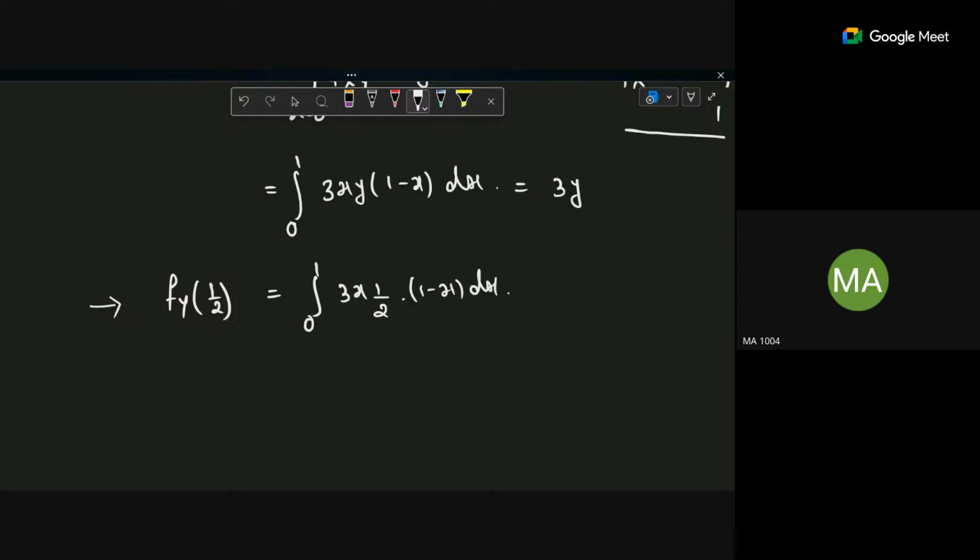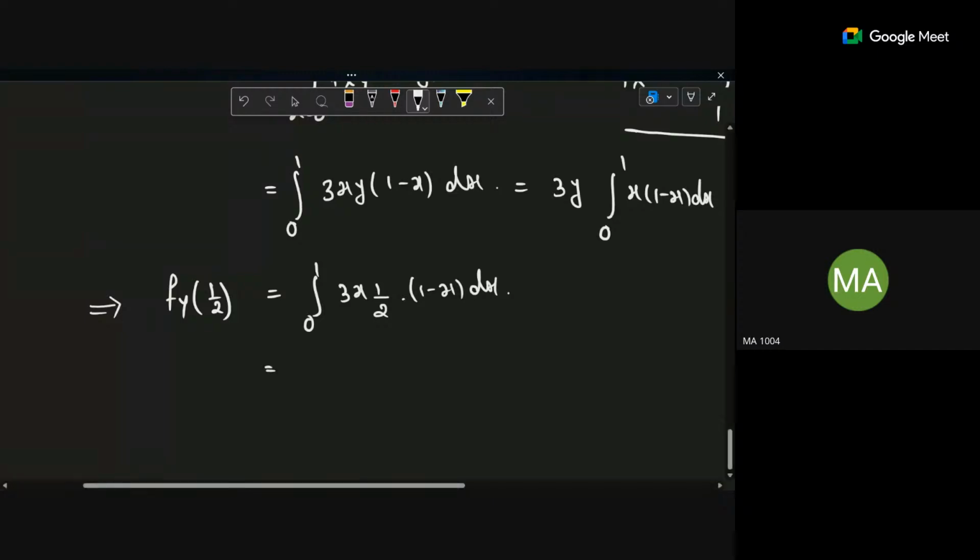Then integrate the remaining thing from 0 to 1 of x times (1 minus x) dx. This is one way to calculate the marginal, but in this particular case we need f_Y of 1/2, so we can do that.